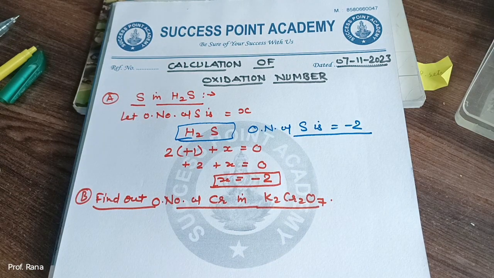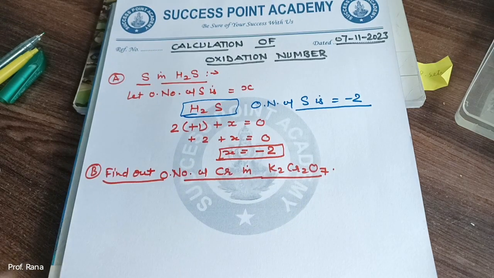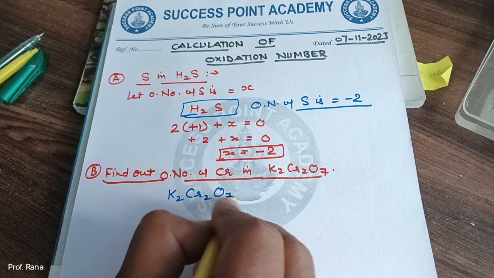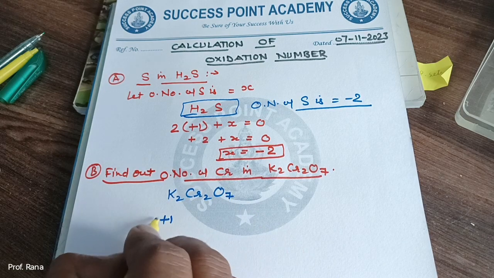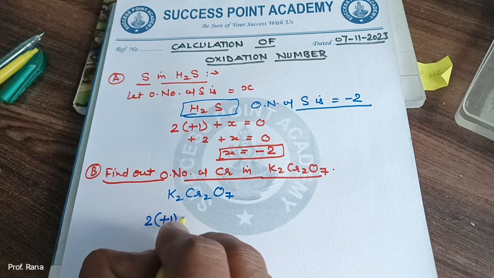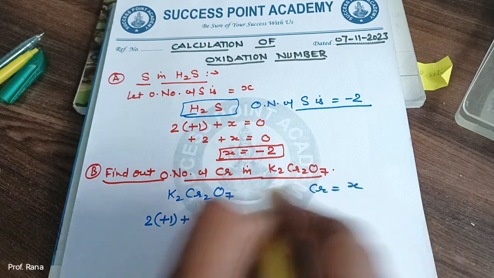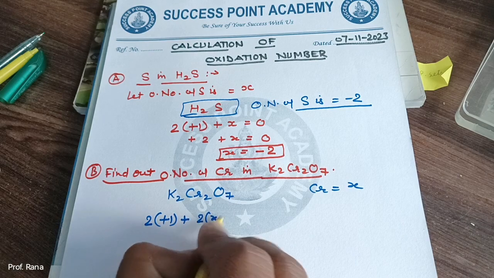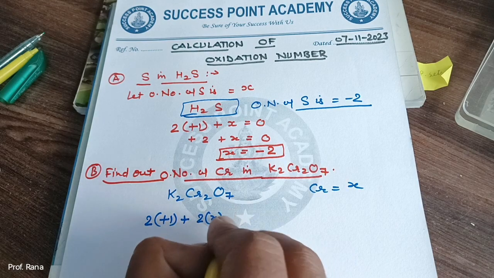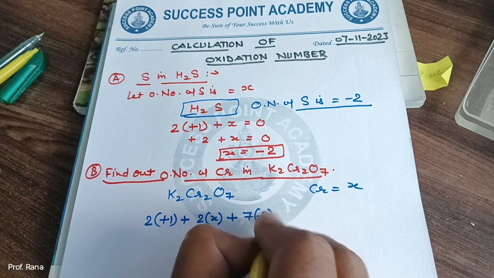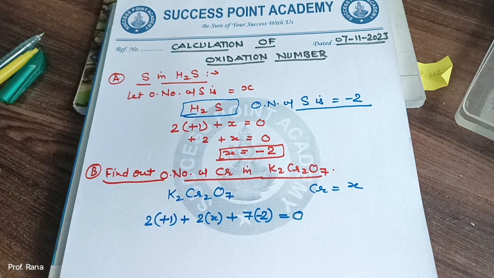So how we will proceed in this case is write down K2Cr2O7. K is what? Potassium, that is +1, and 2 atoms of potassium are there, plus let Cr's oxidation number be X. So it is twice of X and O7. And you know oxygen is what? 2 negative. So 7 into 2 negative equals to 0.